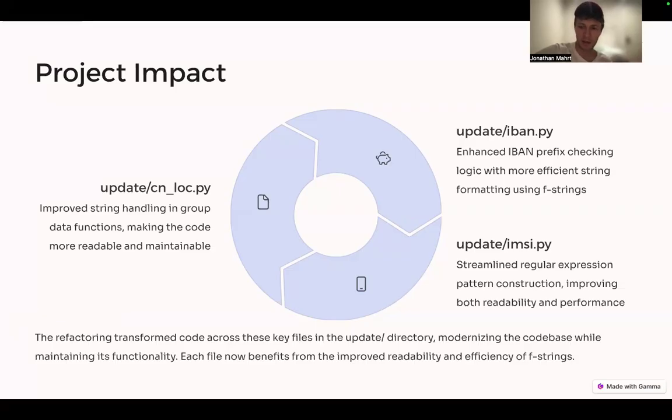In the IBAN.py file, we enhanced the IBAN prefix checking logic, using f-strings to make string formatting more efficient. Then we updated the third file, which streamlined regular expression pattern construction. This was mainly to improve readability and performance.